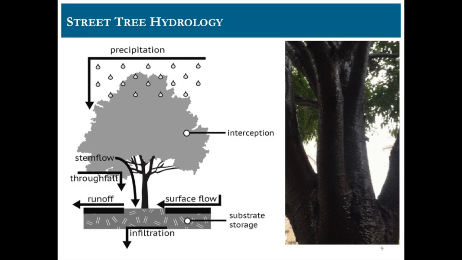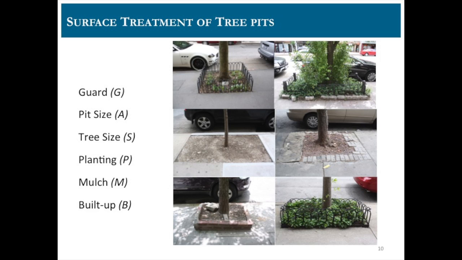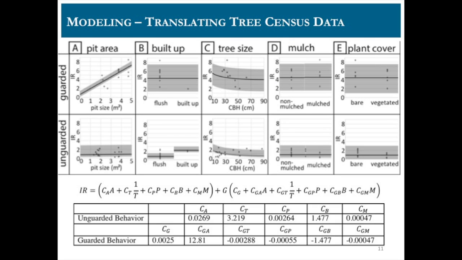So my work focuses on that soil surface, and specifically what ways we can treat that space to improve its ability to absorb stormwater. I took 100 measurements last summer and then was able to develop an empirical model that relates those physical features to their ability to absorb stormwater.